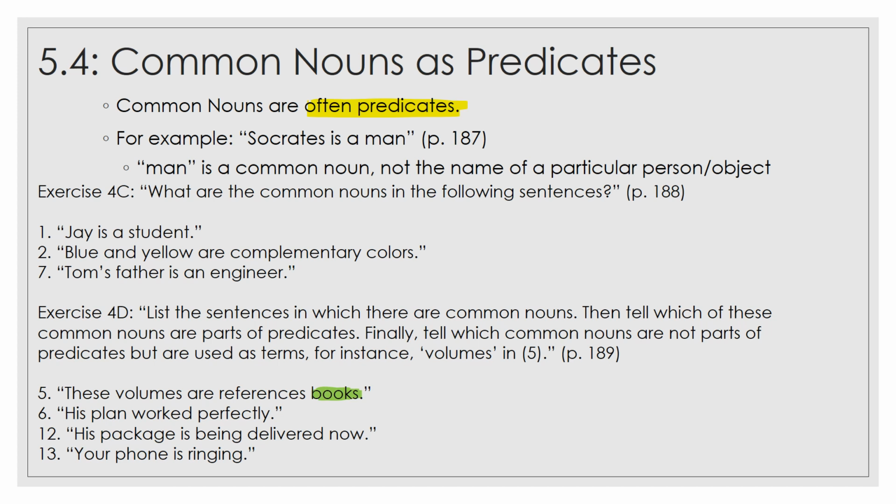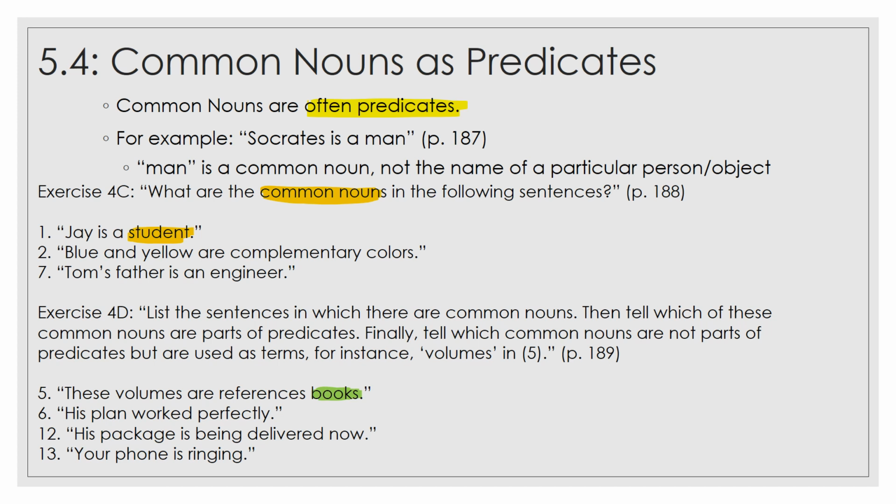Exercise 4C. What are the common nouns in the following sentences? Number 1, Jay is a student. Definitely it's student, and that happens to be a predicate in this case. Student is a predicate. It describes the subject, namely Jay. Number 2, blue and yellow are complementary colors.